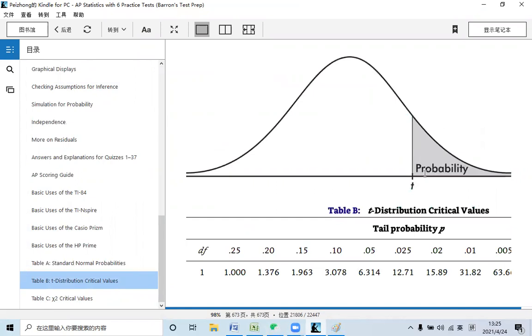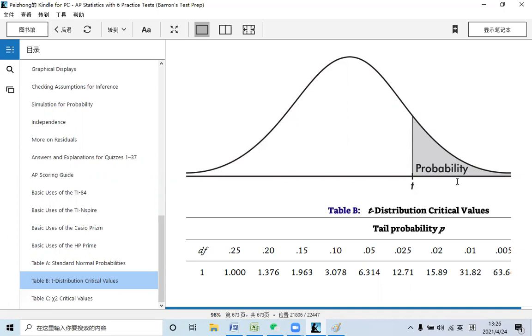The t distribution table gives you one-tailed, the area to the right of the cutoff. The probability is only on one side, but in your confidence interval calculation, you want it on both sides. A 99% confidence interval is in the middle. In the middle, you have 99%. So that means you have 1% in the tails.